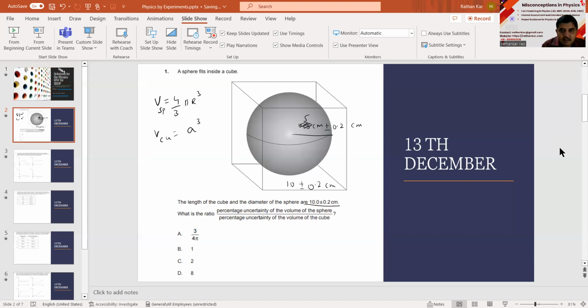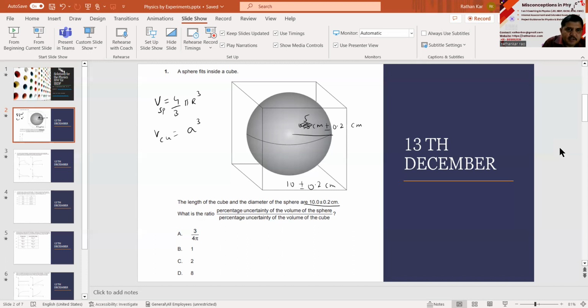When I halve this distance, I'm not going to halve this uncertainty because it's along the same linear line. It will remain the same. Now let us find out. The volume of the sphere is given by 4 by 3 pi r cube. Volume of the cube is given by a cube.